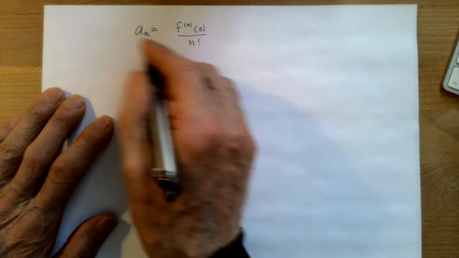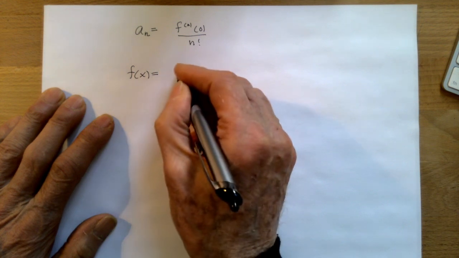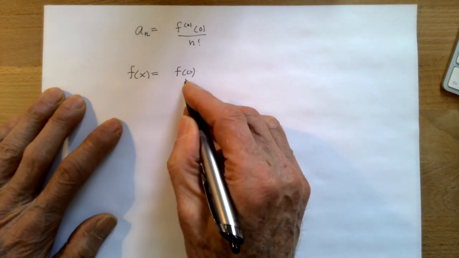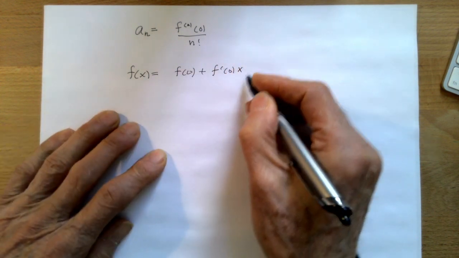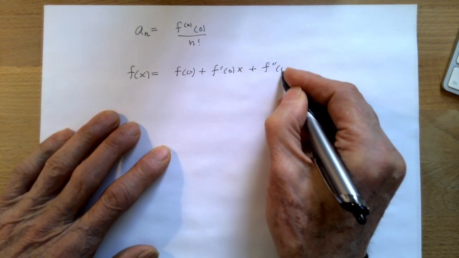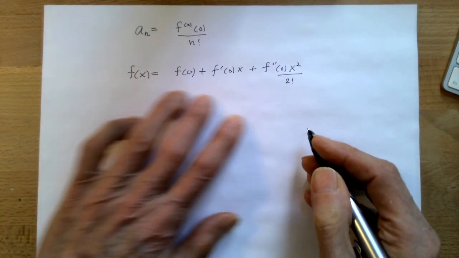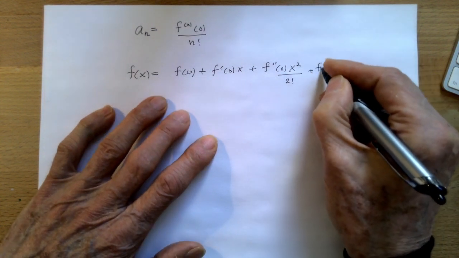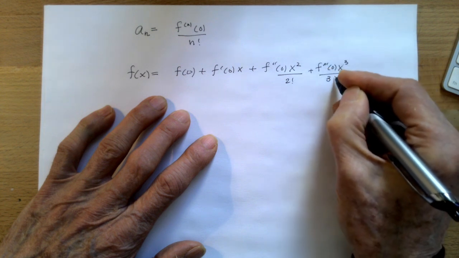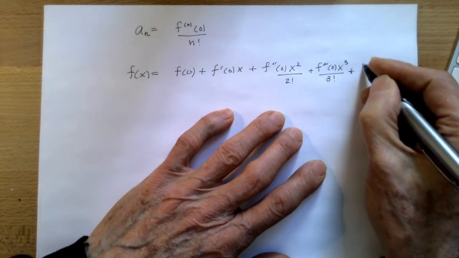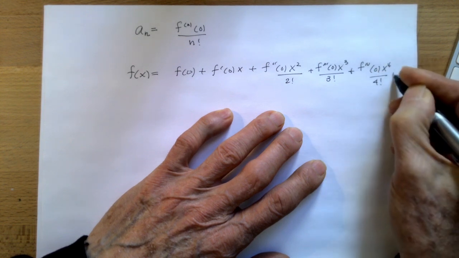And so for the general rule, we're going to take all these a sub n's and put them in. This way, f of x is going to be f of 0, because that's a0, plus the first derivative at 0 times x, plus the second derivative at 0 times x squared, and we have to divide by 2, which we'll call 2 factorial, the same as 2 times 1, plus the third derivative at 0 times x cubed, divided by 6, which is the same as 3 factorial, plus the fourth derivative divided by 4 factorial, and it keeps going like that.